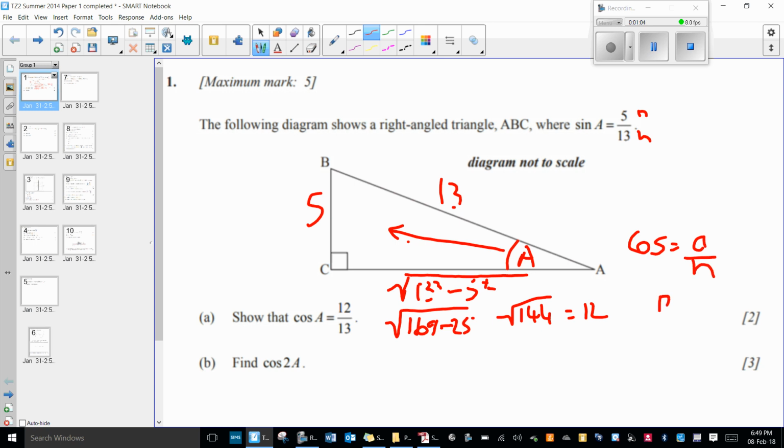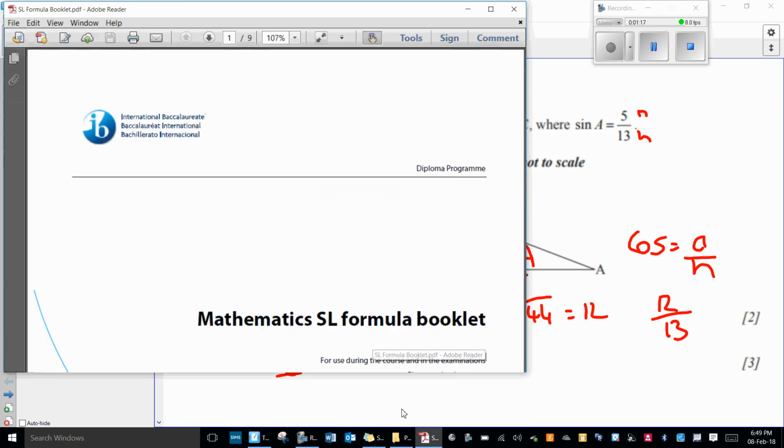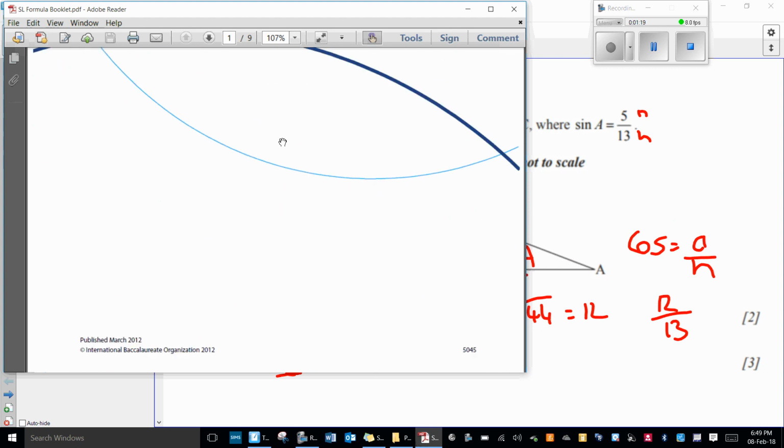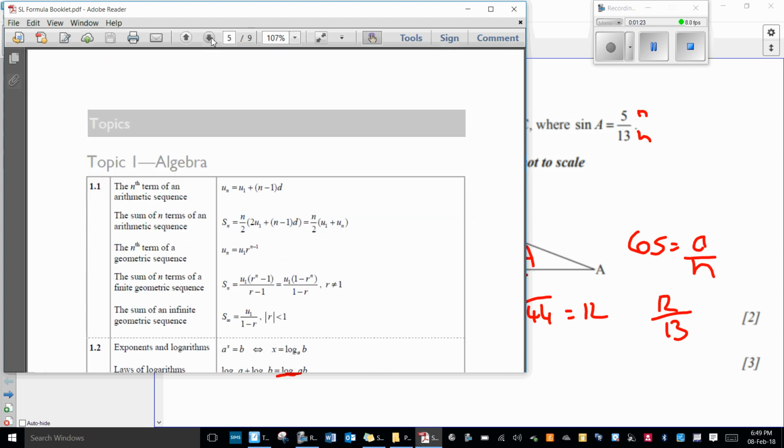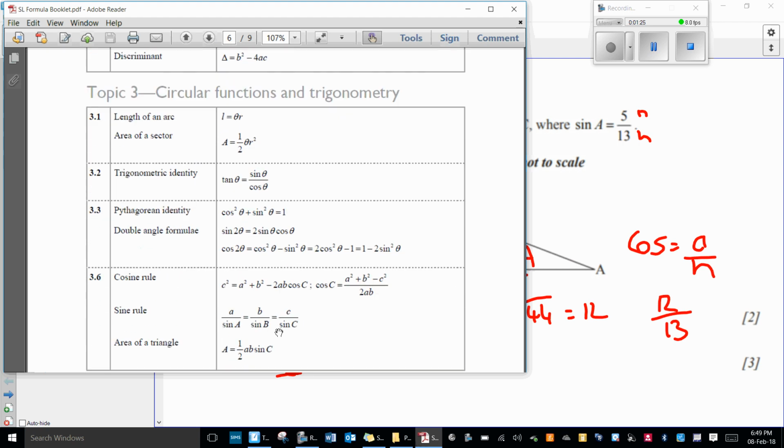Find cos 2A. Remember that cos 2A is not just two lots of cos A, and for cos 2A we need to find the formula booklet. Okay, here we've got three different expressions for cos 2 theta, so I'll just note that.